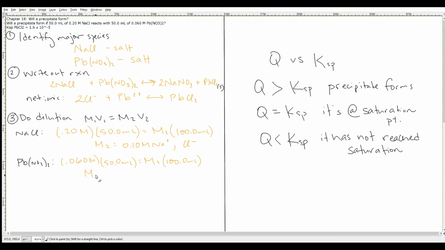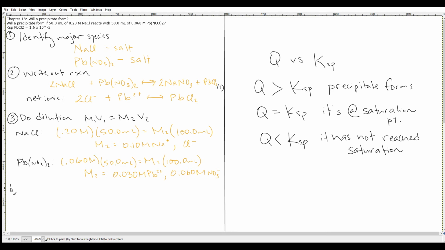The new concentration here is 0.030 molarity lead, and we have 2 nitrates for every lead, so that means it's going to have double the concentration. If you'd like to see that done out, you could always do a mole ratio.